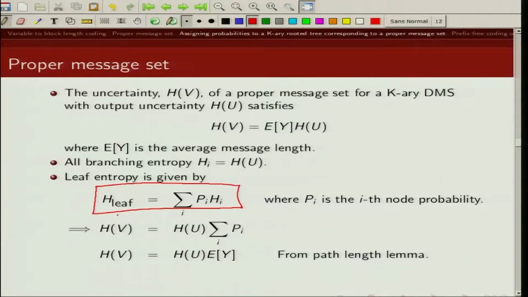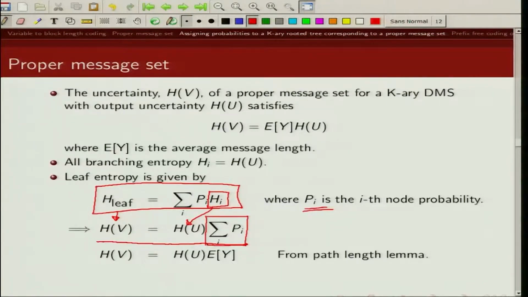Now we know that the leaves correspond to V, so leaf entropy is H of V. We know the branching entropy Hi is independent of i, it's always equal to H of U, so I can take that out. So what I get is then H of V is equal to H of U times the summation of these probabilities of the nodes, including the root node. And what is this?